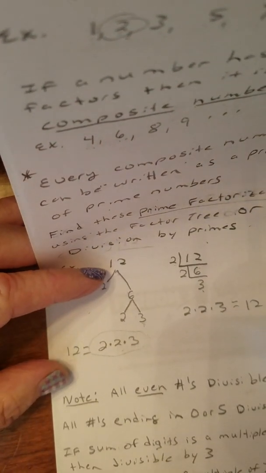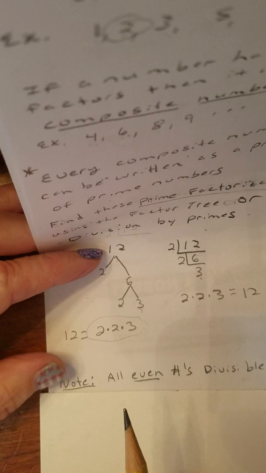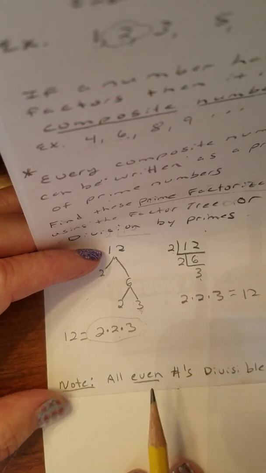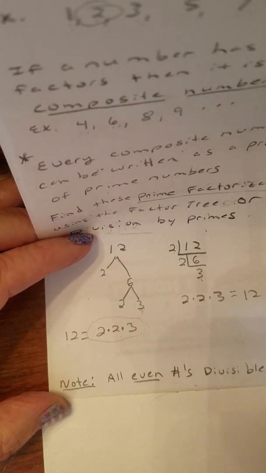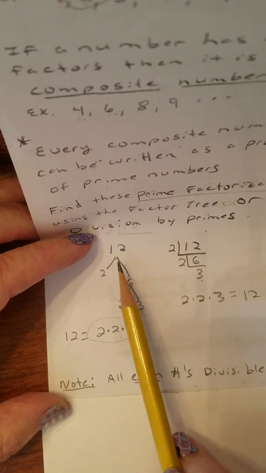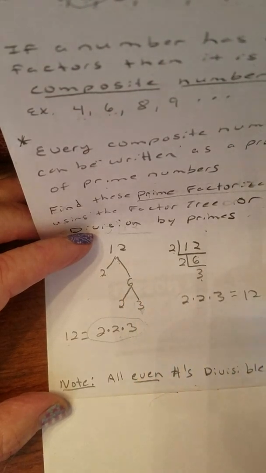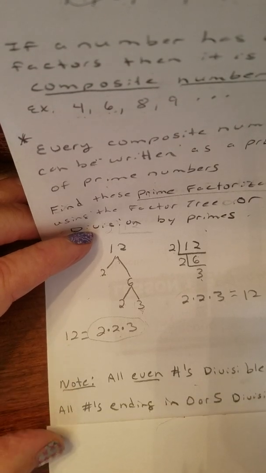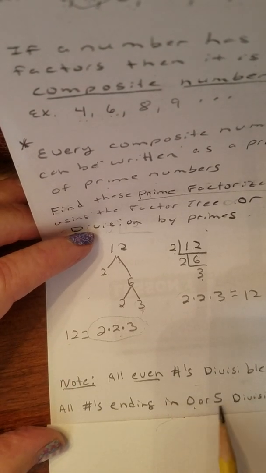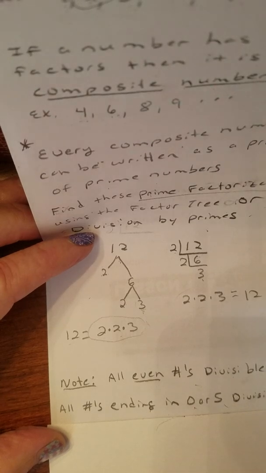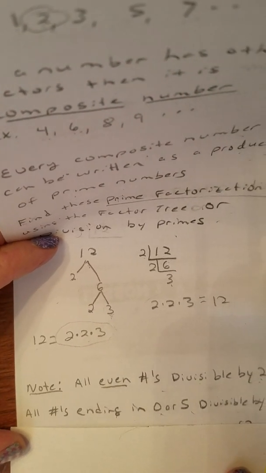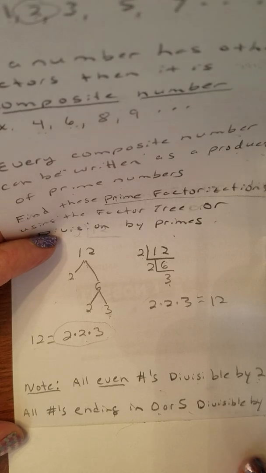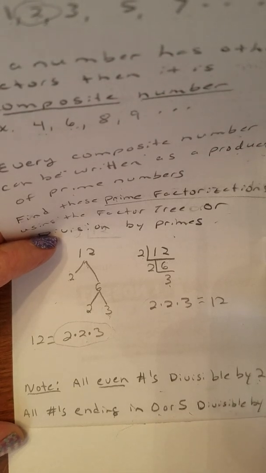The book gives you a couple of extra notes. They said, remember that all even numbers are divisible by 2. Well, 12 was even, right? So it's divisible by 2. They also tell you to remember that all numbers that end in 0 or 5 are divisible by 5. Okay? All numbers that end in 0 or 5 are divisible by 5.